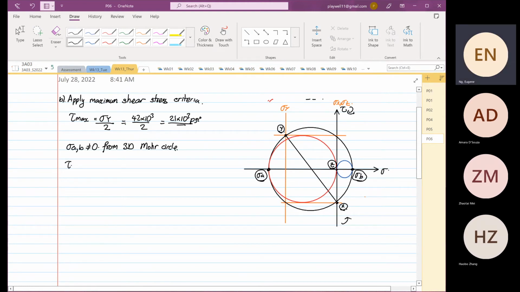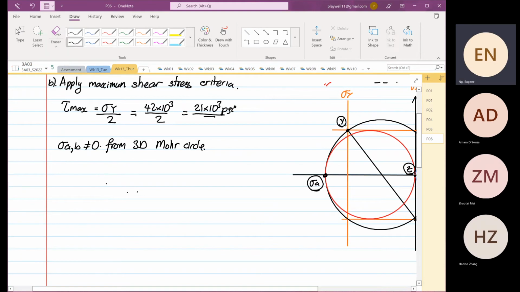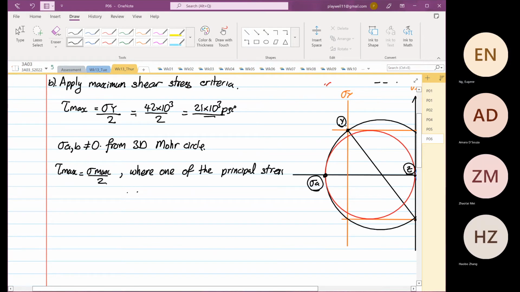So remember, you have tau max is equal to sigma max over 2, where one of the principal stresses is equal to 0. If not, tau max is equal to a half.